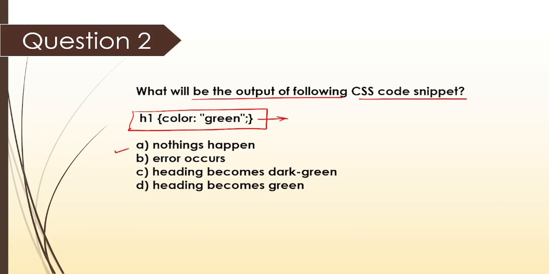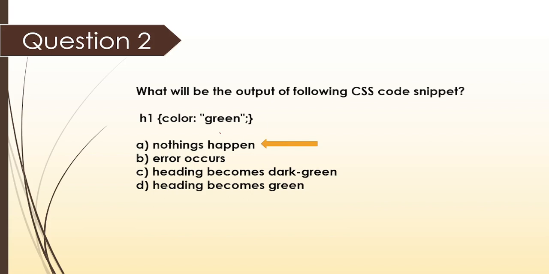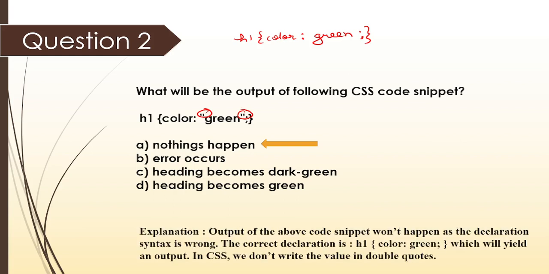Okay, so options are nothing happens, error occurs, heading becomes dark green, heading becomes green. If you have watched all our sessions, we have discussed the practical approach of cascading style sheets, so definitely you should know the answer. The correct answer is nothing happens. Why nothing happens? Because whenever you want a text in some particular color, you should write it as, let's say, H1 color green and semicolon. That's it. Okay, there is no need to write the double inverted commas.